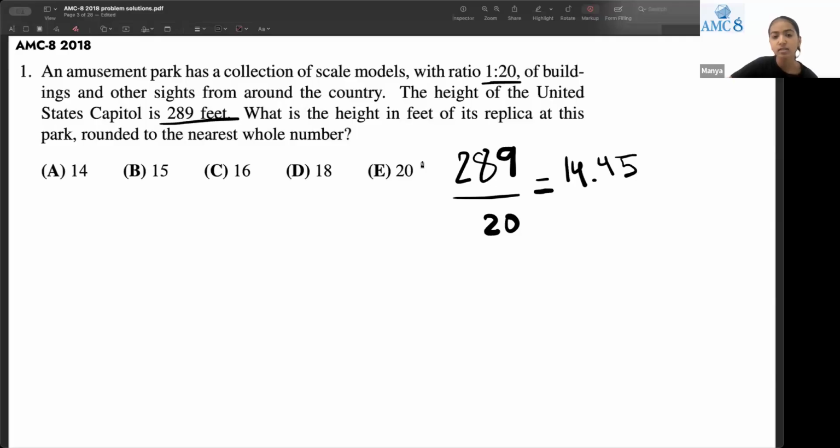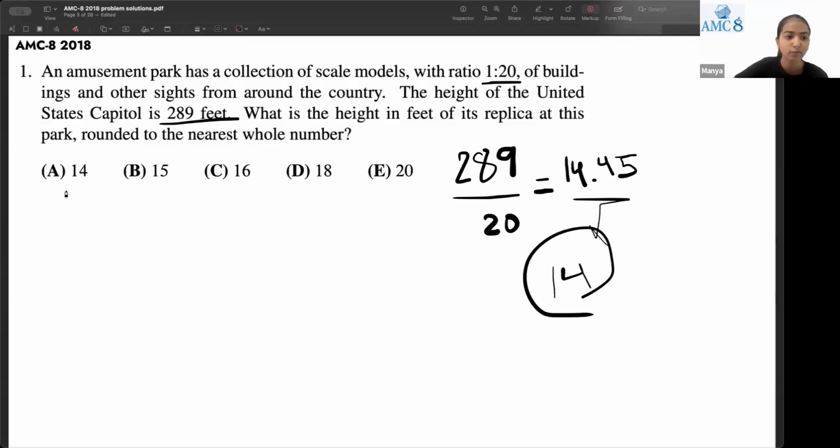And they're asking us, what is it rounded to the nearest whole number? Whole numbers are basically the counting numbers, like 1, 2, 3, 4, 5, and so on. It's like the nearest integer. When we round it to the nearest whole number, we're going to get 14. And so our final answer would be A, 14.